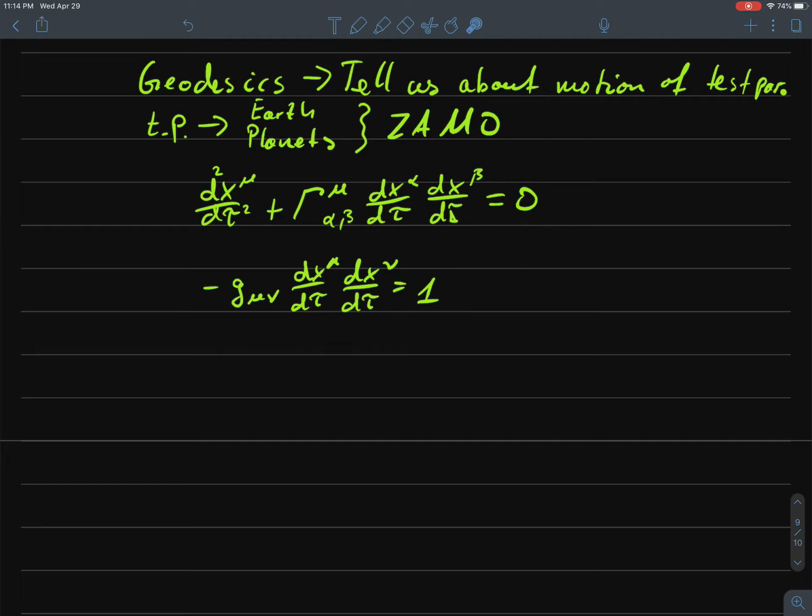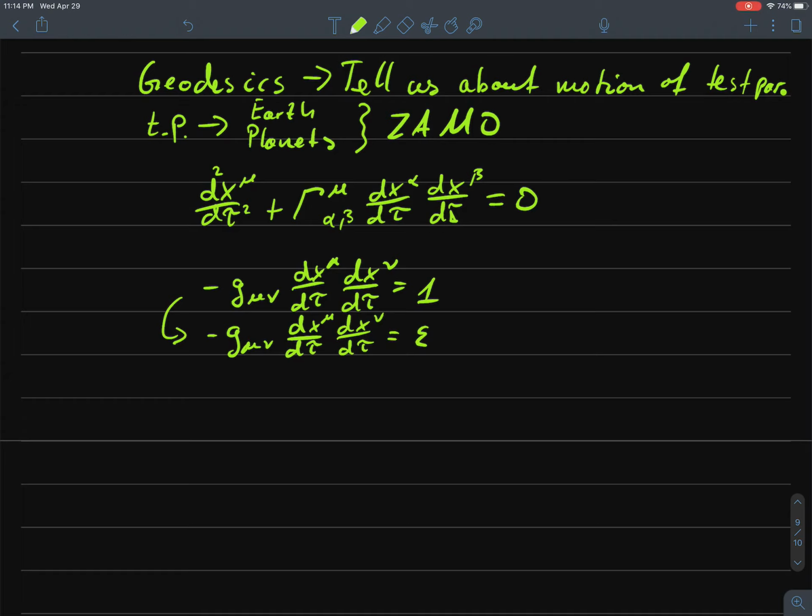So what I want to do is I want to introduce a parameter instead of 1. So I'm going to rewrite this, and I'm just going to call this epsilon. Now epsilon is either going to be 1 or 0.